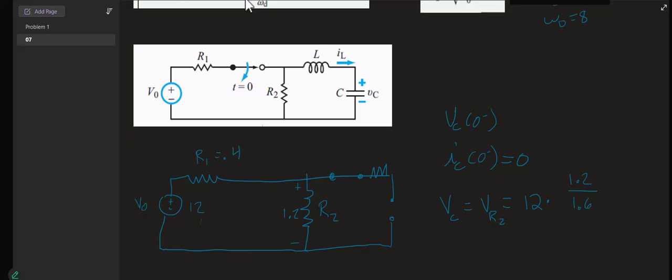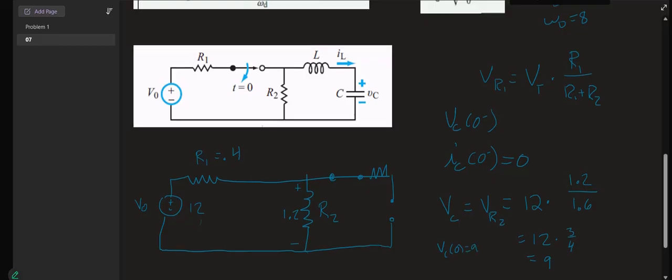That's voltage division. So that's 12 times 3/4, which is 9. So VC of 0 is 9.